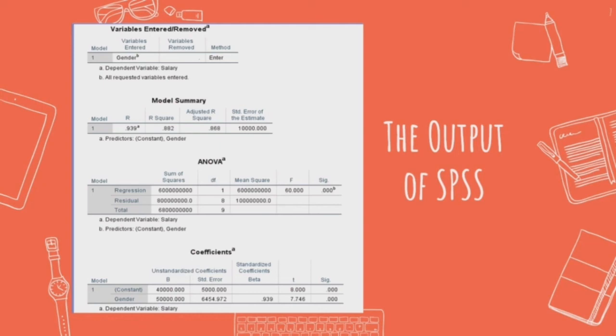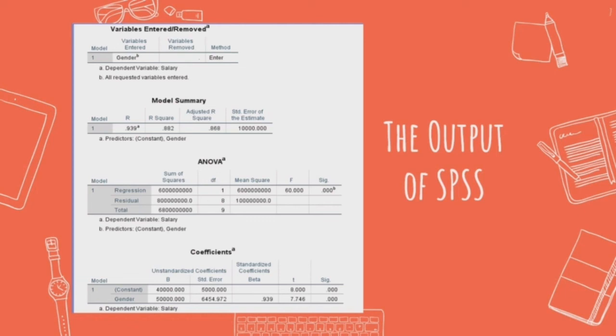And for the coefficients, model 1, constant and gender, the upper B value is 40,000.000, and below it is 50,000.000. For the coefficient standard error, the upper value is 5,000.000, and the value below is 6454.972.